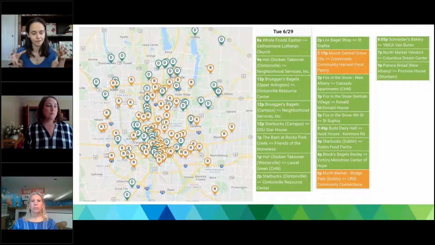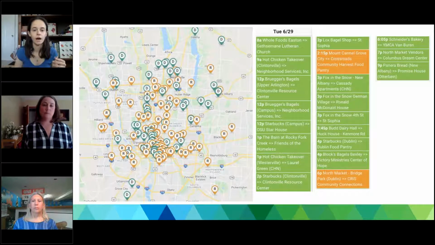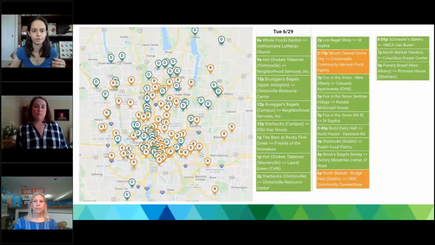And that we've got a really extraordinary concentration, particularly in the downtown and adjoining areas. But especially as we expand outward, part of what we are constantly working on is figuring out, when we've got a donor in Powell, how best to match a donation coming from Powell to somewhere that is roughly nearby, and that can still make use of the food.